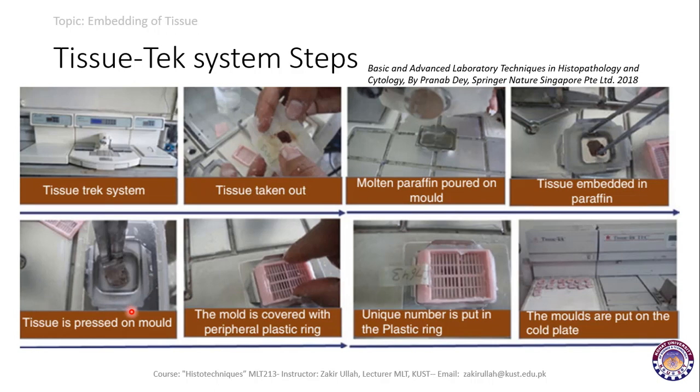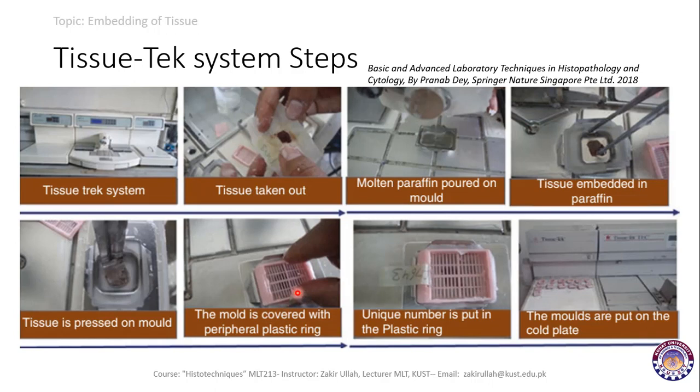Then the tissue is pressed on the mold so that the cutting surface moves to the down surface and it faces the blade of the microtome. After that, the mold is covered with a plastic ring or a plastic cassette.